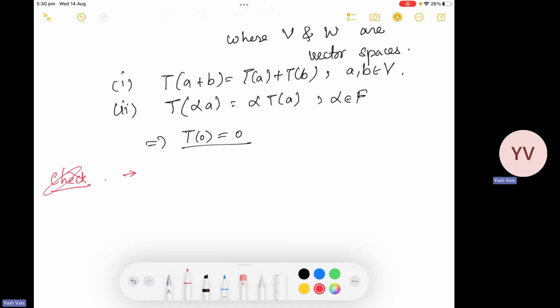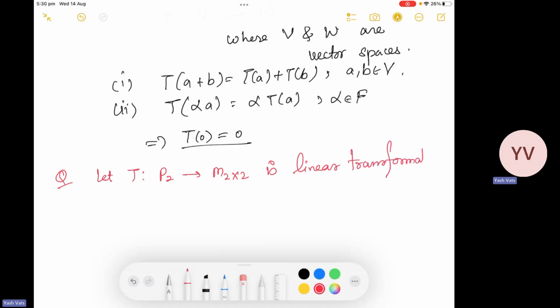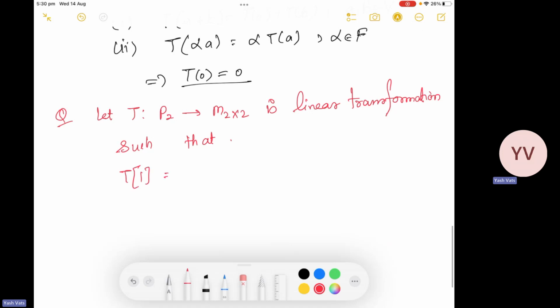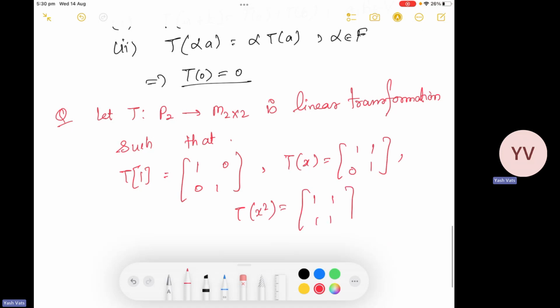Okay, now I just write the question. Let T from P2 to M2 by 2 be a linear transformation such that T(1) is [1, 0; 0, 1], T(x) is [1, 1; 0, 1], and T(x squared) is [1, 1; 1, 1].